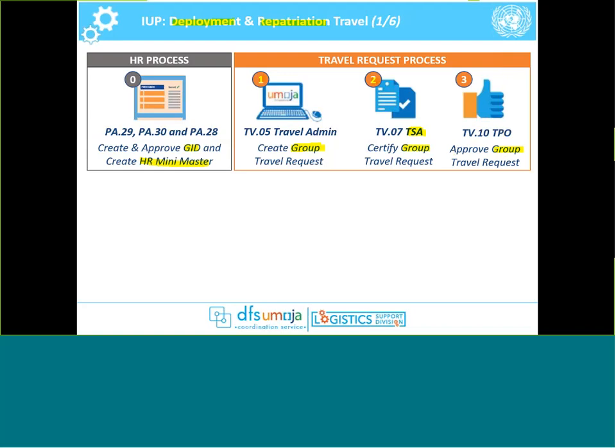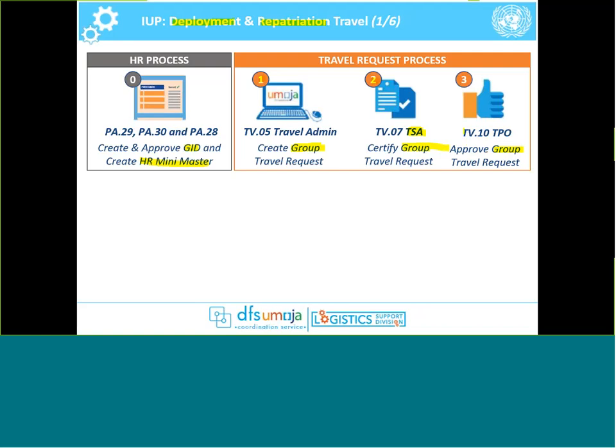Okay, so before you approve the group travel request, everything is managed as a group. From that moment on, after you approve the group travel request to deploy or to repatriate a group of IUPs, everything else is done individually.